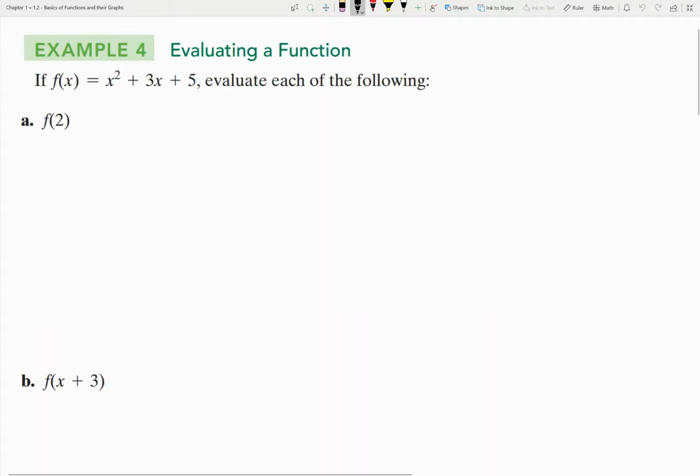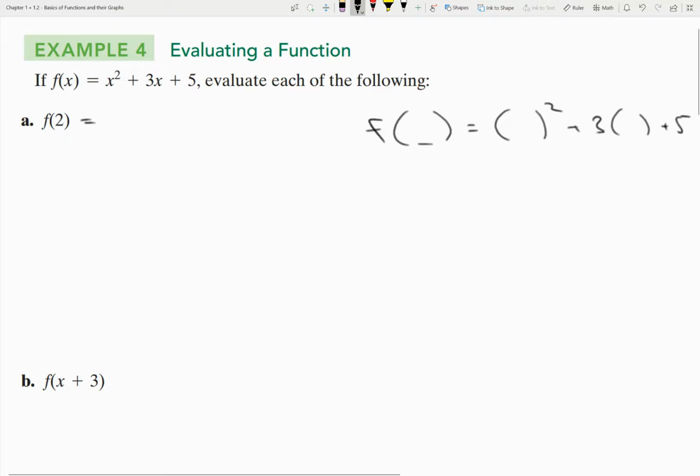Okay. So let's try this. Let's input some stuff into the function. So f of 2 just means, and for all of these things, here's what this equation is saying. It's saying take whatever is inside this parenthesis, square it, multiply by 3, and add 5.